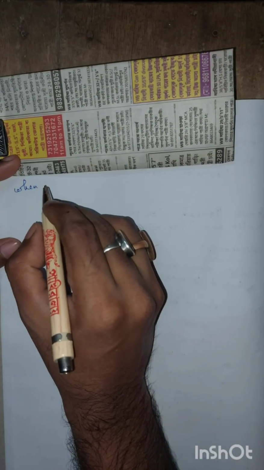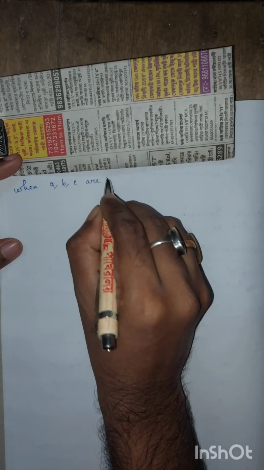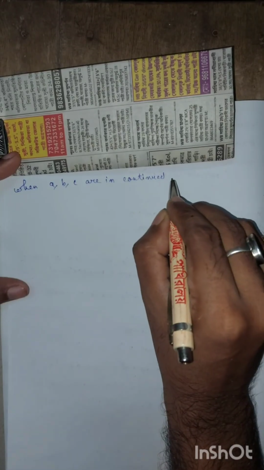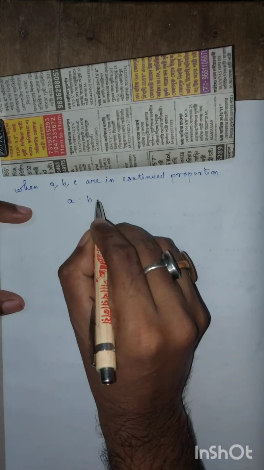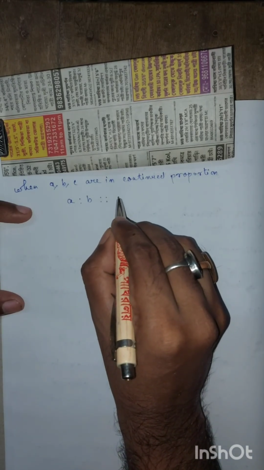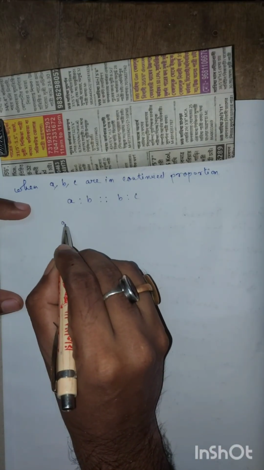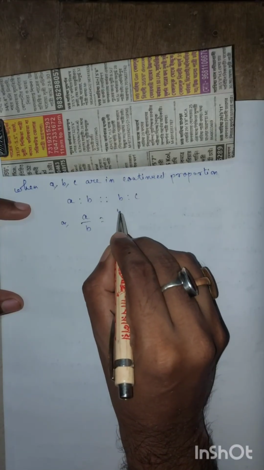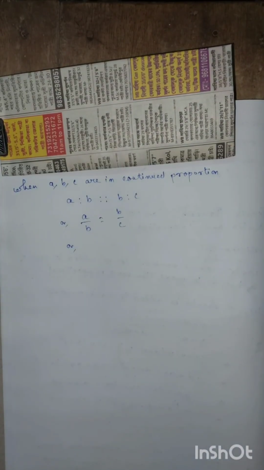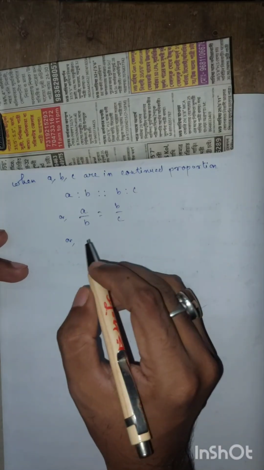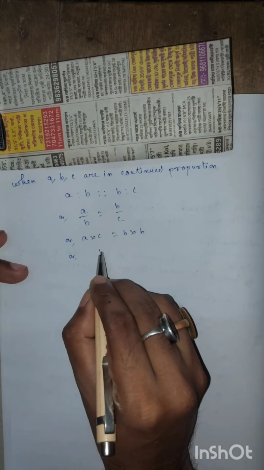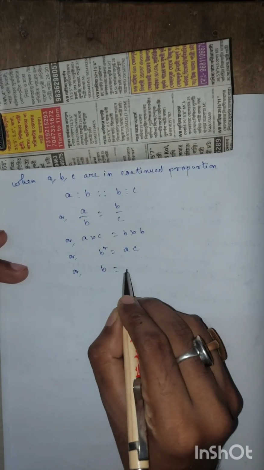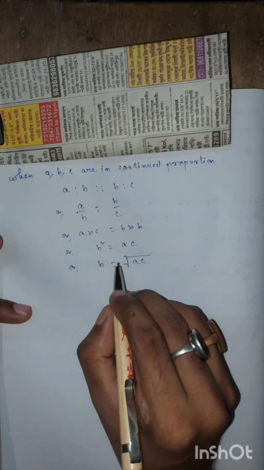When A, comma B, comma C are in continued proportion, we can write A is to B as B is to C, which can also be written as A by B is equal to B by C. Now, if we cross multiply, we get, or we can write B square equal to AC, or B is equal to plus minus root over AC.